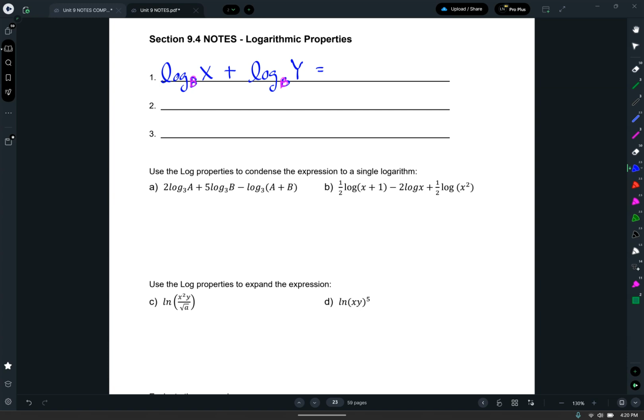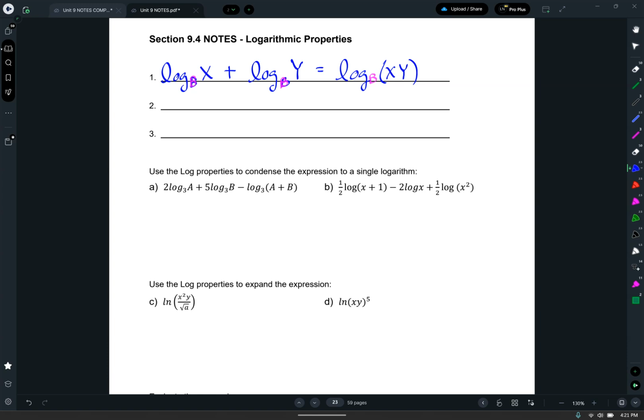If the base is the same and you're adding logarithms, then you can combine them into a single logarithm. It's still the same base, so it's still, in this case, base b. But in order to combine them, you end up multiplying x times y. So when you have an addition of two separate logs, it turns into one logarithm of multiplication.